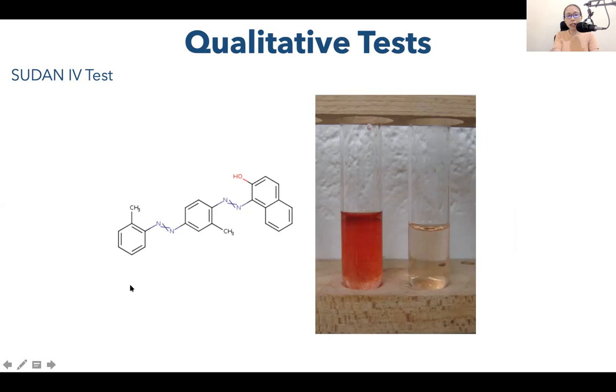Sudan IV test is a general test for all lipids, so it does not distinguish any type of lipid. Sudan IV is a very nonpolar molecule, and since it's a dye, it gives pigment if you have anything hydrophobic in your sample. So if your lipids are present there, your sample should turn red. That's the positive test. It's color red.